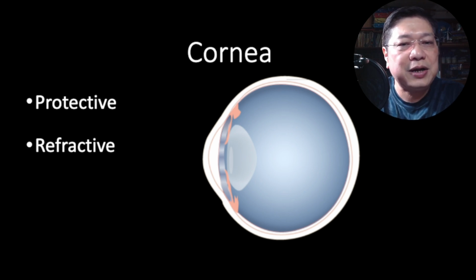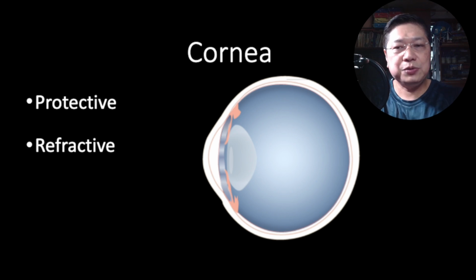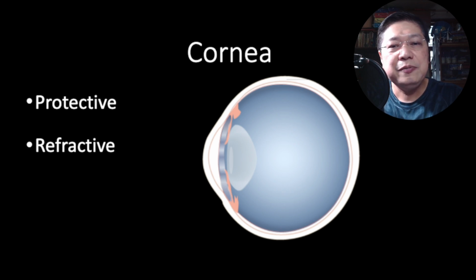It's also refractive because it is the most powerful lens in your body. Your body has several lenses that divert everything that you see into the retina. It has two major ones: the cornea and the lens. The cornea is the most powerful.